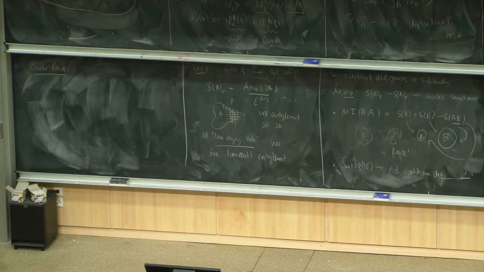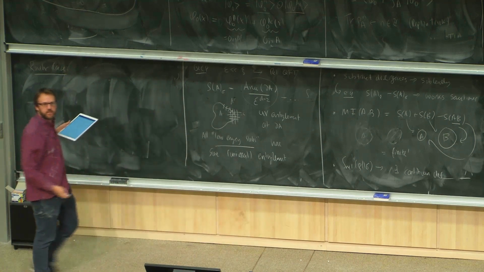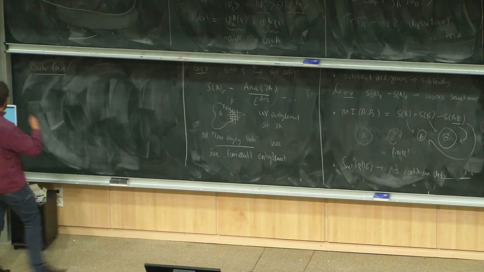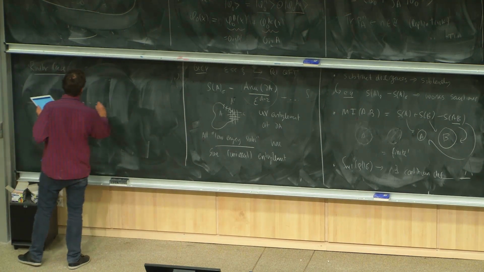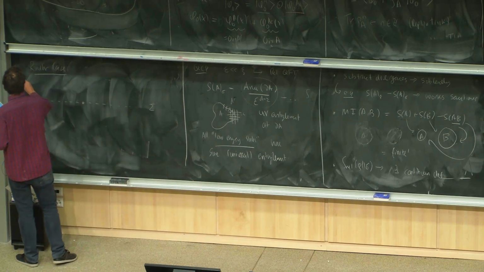That's where I take A, instead of taking it to be this interval like I've been drawing in pictures, to be half of all space. This is my sigma, my Cauchy slice, or my time t is 0 slice. Again, this is a picture in Euclidean, with tau and x.